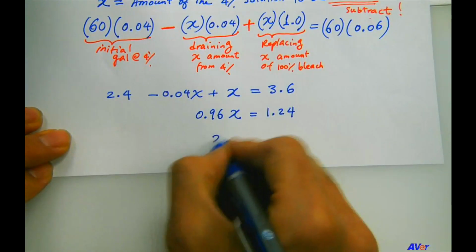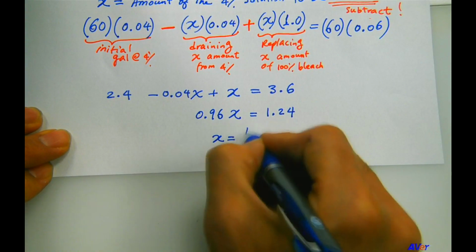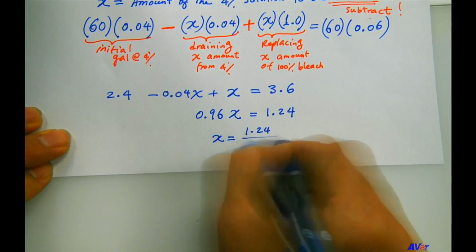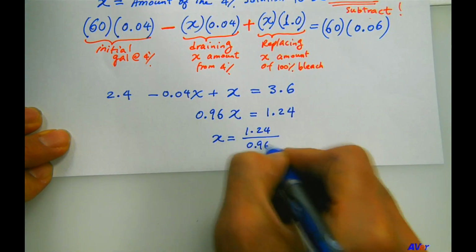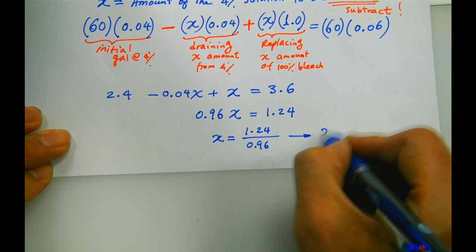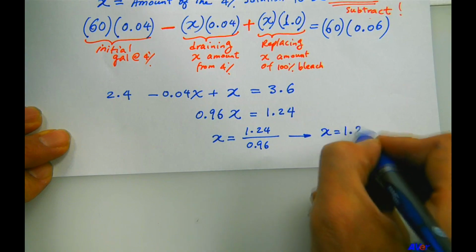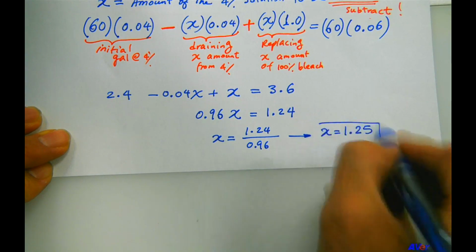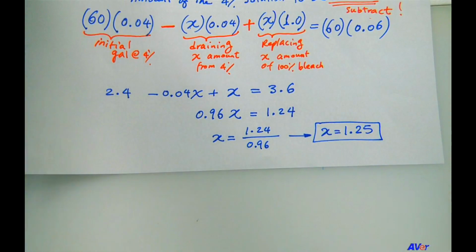Okay, then x is equal to 1.2 divided by 0.96, and from that we have x equals 1.25 as the result.